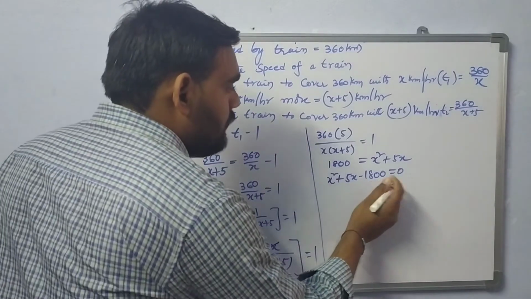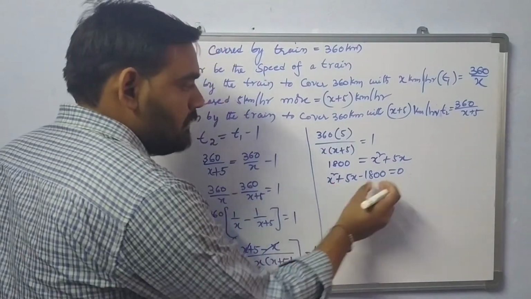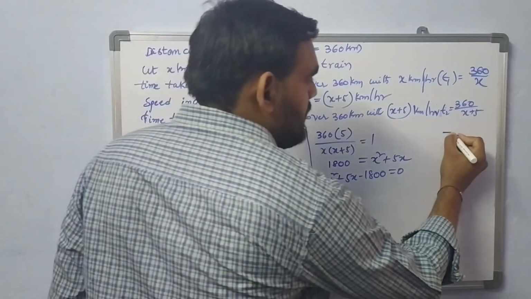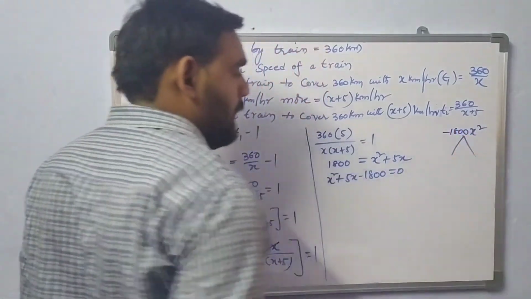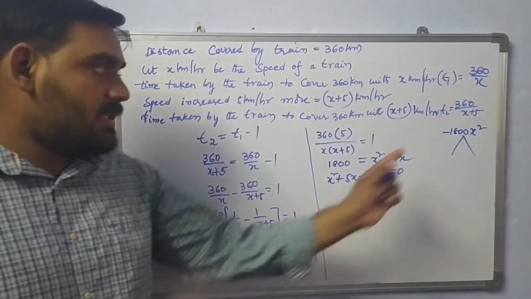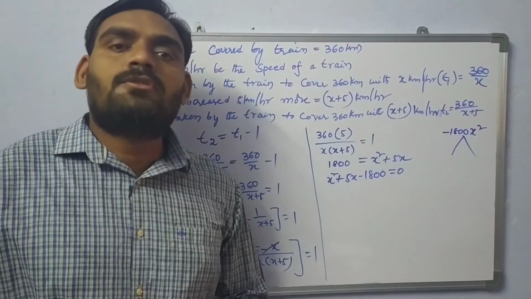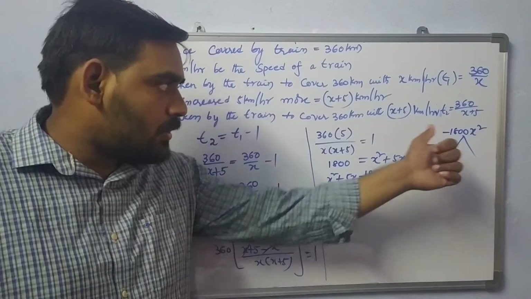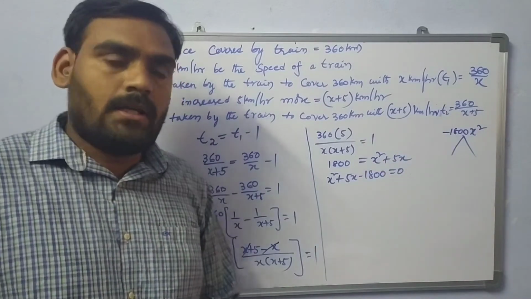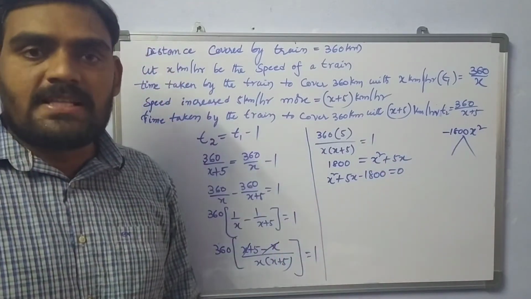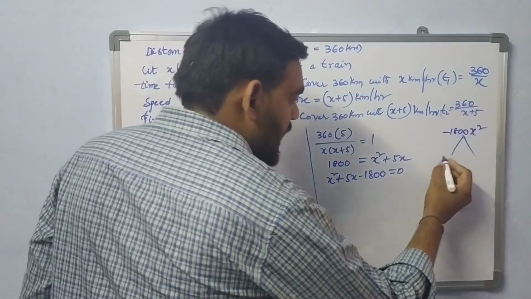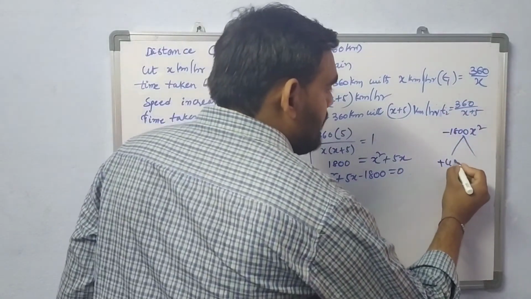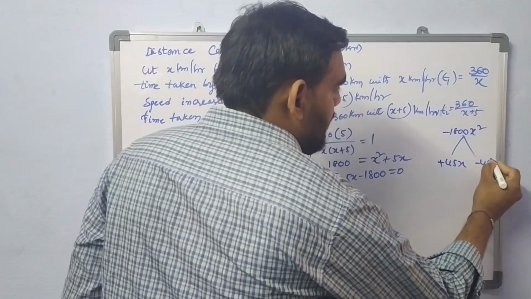While we are going to find the factorization, take the first term and the last term and multiply. So we are getting minus 1800 x square. When we take two terms, the product should be equal to minus 1800 x square and the sum should be equal to plus 5x. So here we can write minus 1800 x square as plus 45x minus 40x.